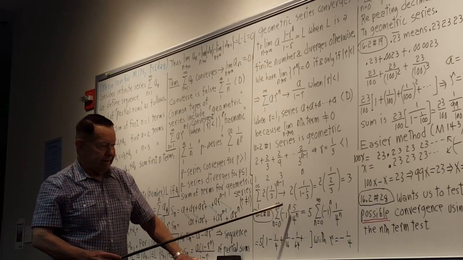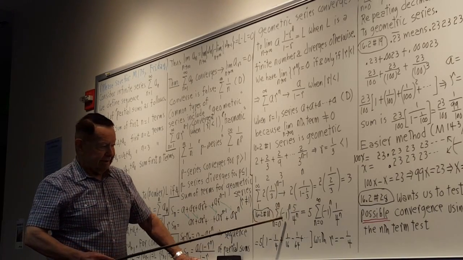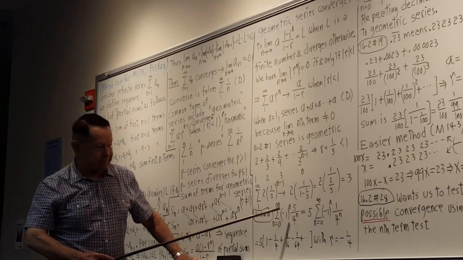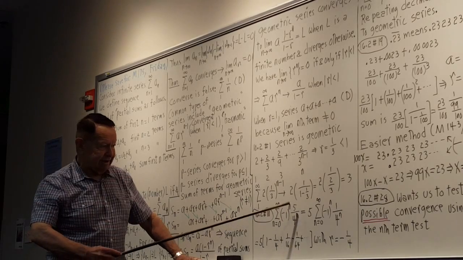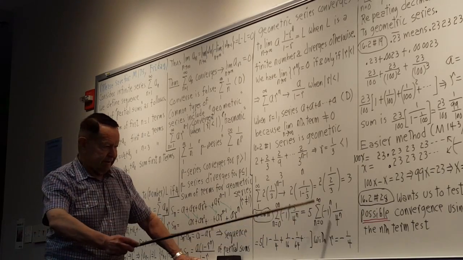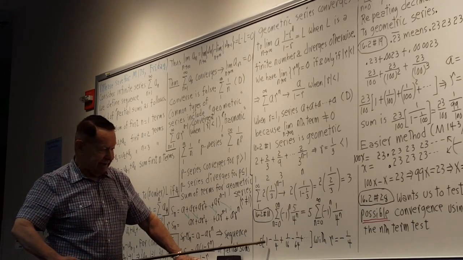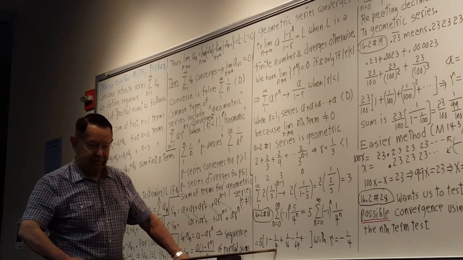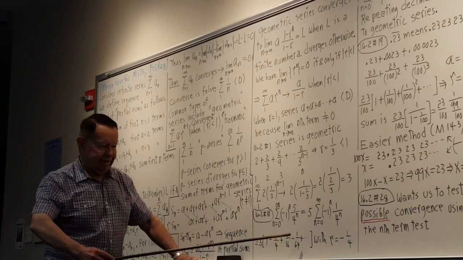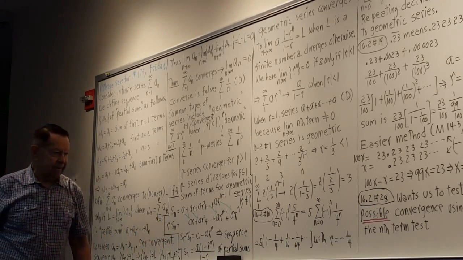And then when n is 1, you get a minus 1 to the 1 power, so it's minus 5 over 4. And then with the 5 factored out, you have minus 1/4, then plus 1/16, and so on.